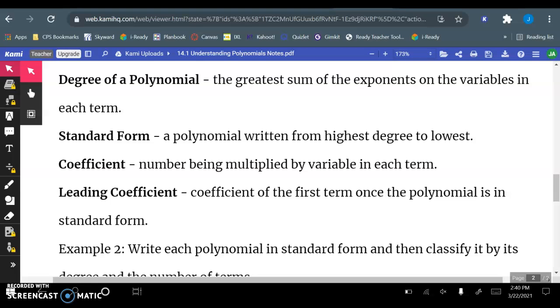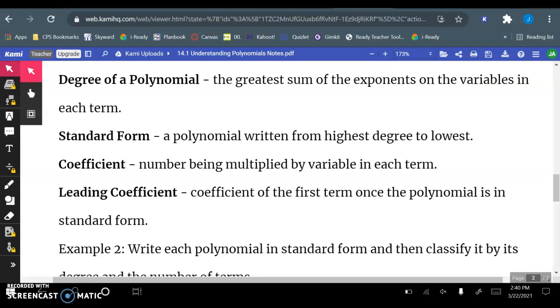The degree of the polynomial is the greatest sum of the exponents of the variables in each term. So we have to add the exponents of each variable in each term, and then the one with the largest number is the degree of that polynomial. And we'll do an example. I'll show you exactly what that means.